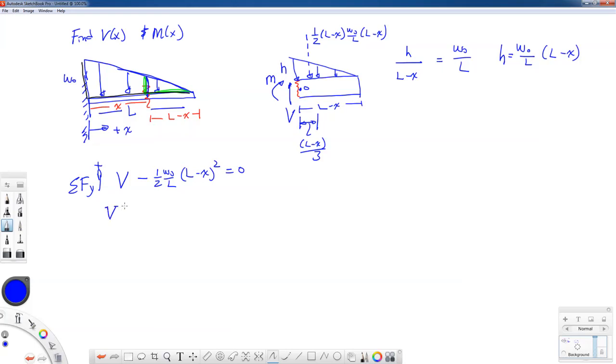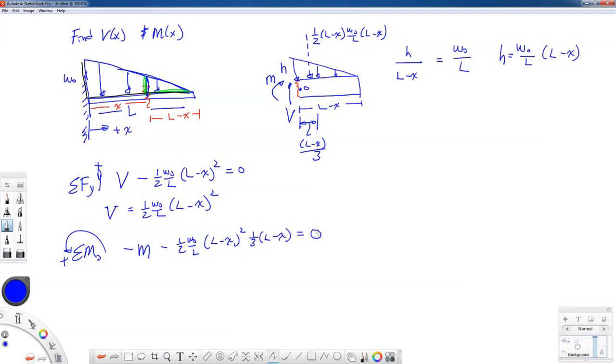So my shear force equation is going to be equal to 1/2 W naught over L times the quantity L minus x squared. And if I do the summation of moments about point O, if I take that way positive, I'll have minus M, and that rotates this way, so minus the force times the moment arm distance, which is 1/3 of L minus x, equal to 0 for equilibrium.